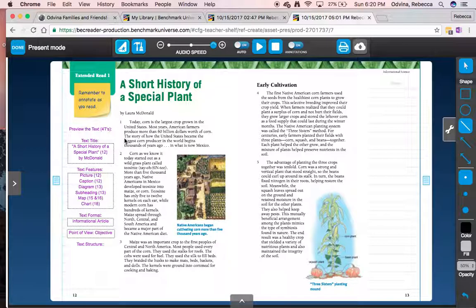So I'm going to underline that as a key detail, because this is not only telling us who, the United States, did what, became the biggest corn producer in the world, but it also tells me when it began, thousands of years ago. That seems to be a key detail because it's giving me quite a bit of information. Who, the United States, did what, the biggest corn producer, and when, thousands of years ago.